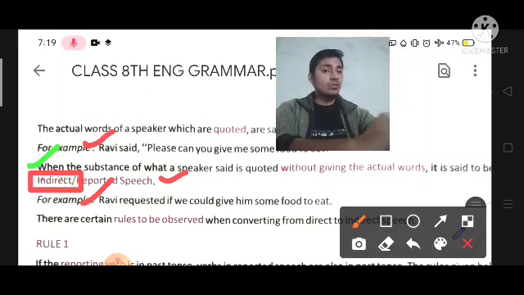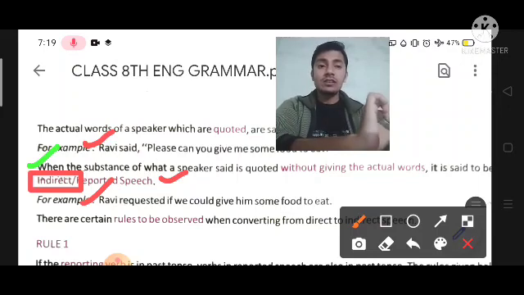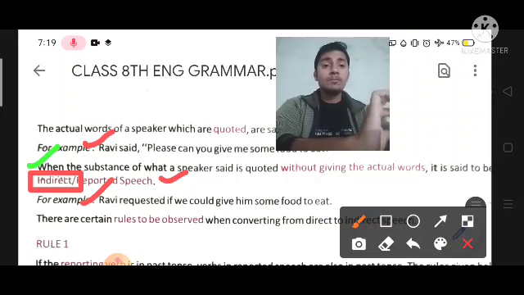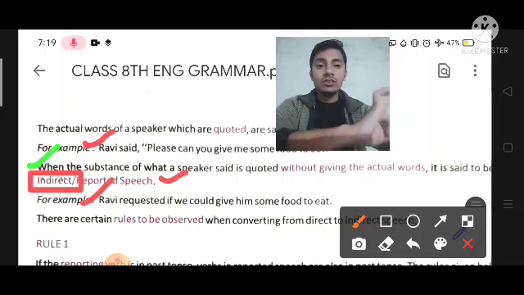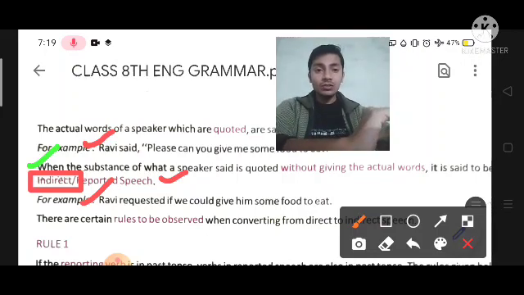Because this was the statement said directly by Ravi, this was the reason that it was called direct speech. But when you have changed this into your own way, this is not called direct. So you are saying it in another way, and this is called indirect. Ravi requested if we could give him some food to eat.